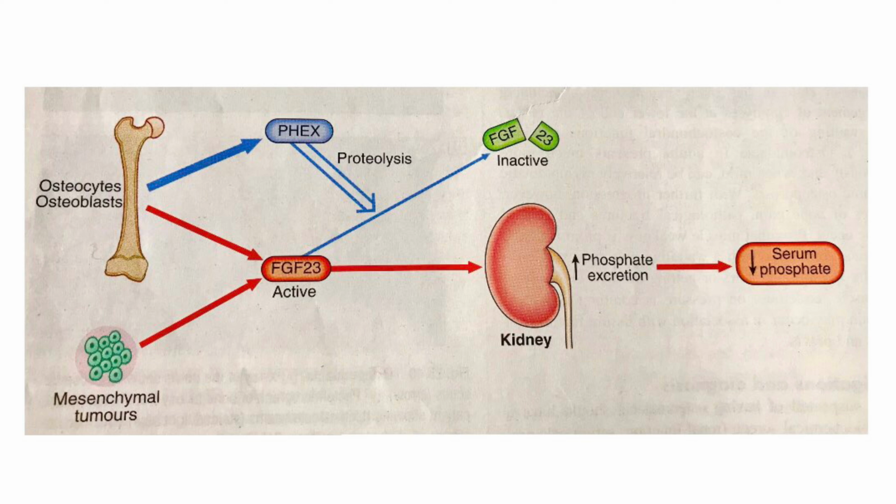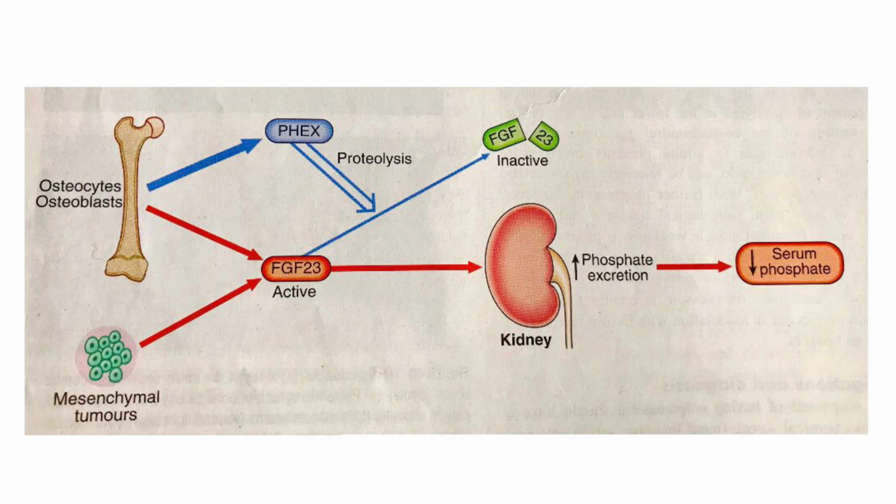There may be inherited mutations in the FGF23 or PHEX genes, thus making the PHEX enzyme incompetent to act, or FGF23 resistant to degradation by PHEX. This raises the levels of bioactive FGF23 in the circulation, and there is an increase in the phosphate excretion by kidneys with decrease in the serum phosphate levels.